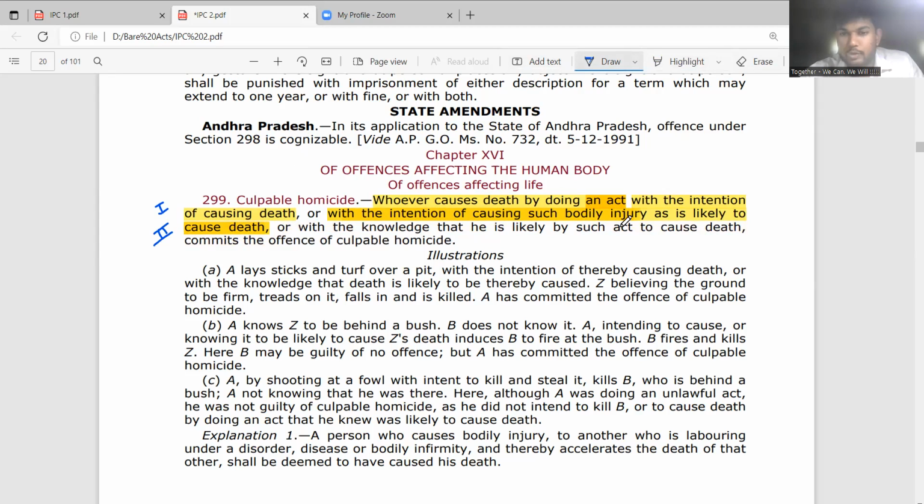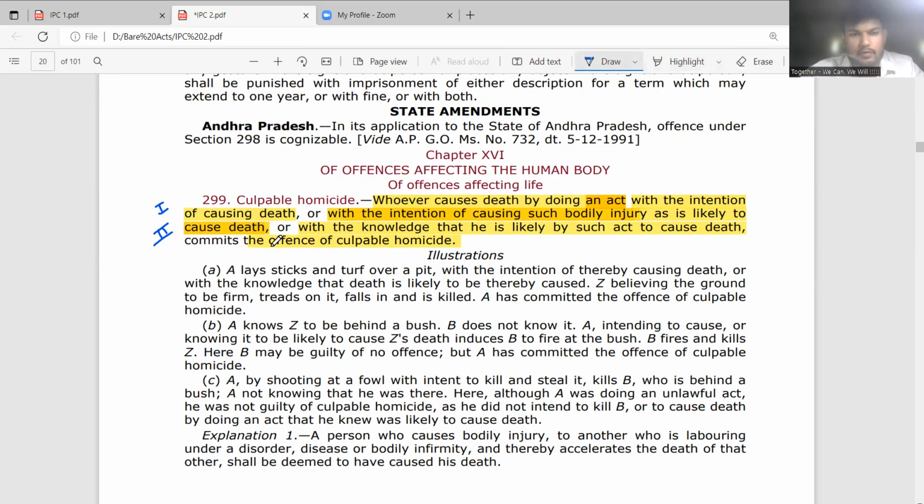Remember yesterday I told you that bodily injury will be examined independent of the act of the accused, whether that bodily injury was enough to cause the death of the victim. Then we came to the third part: or with the knowledge that he is likely by such act to cause death, commits the offense of culpable homicide.